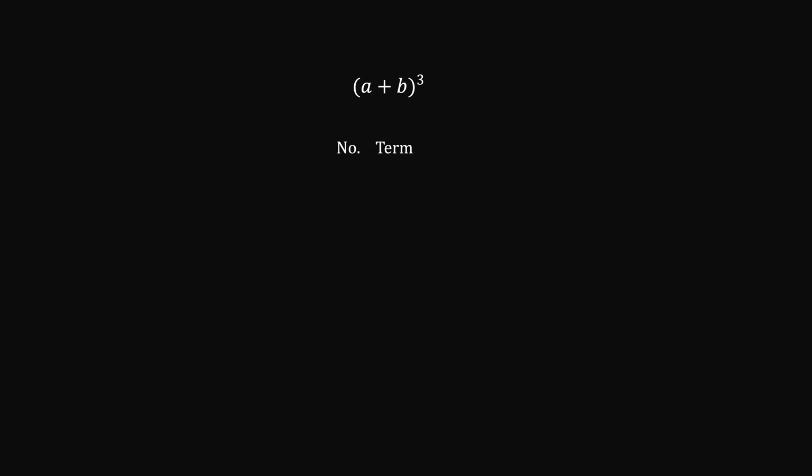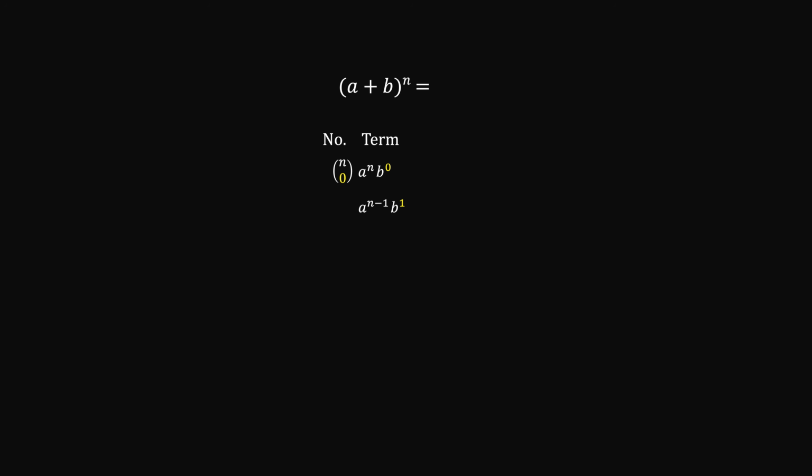Now we can deal with the more general case, where there are n multiplications. First, we think about the types of terms. We have a to the power of n times b to the power of 0, meaning multiply by a n times, b 0 times. And the number of it can be obtained through thinking about the number of ways to choose 0 out of n.